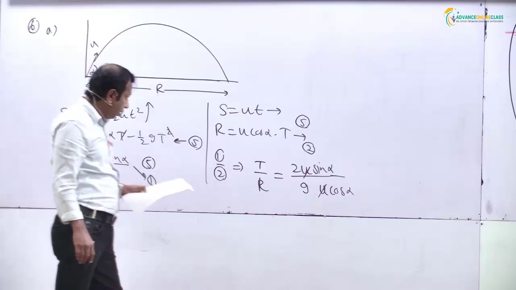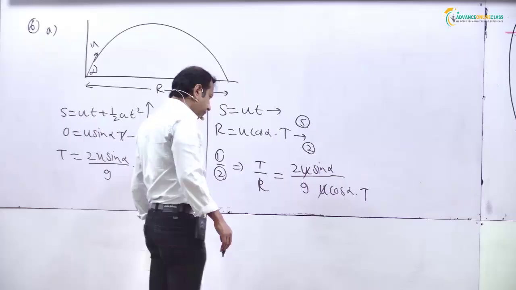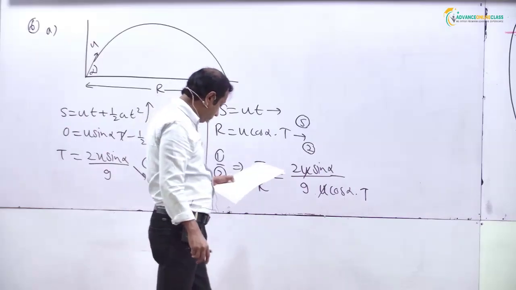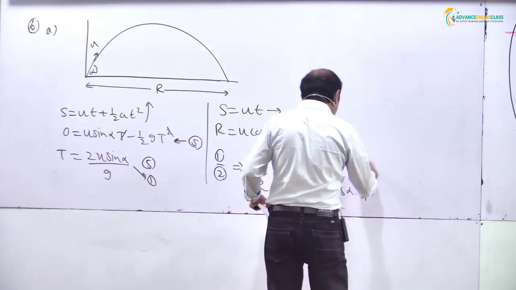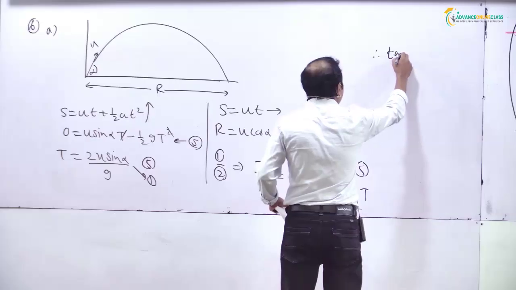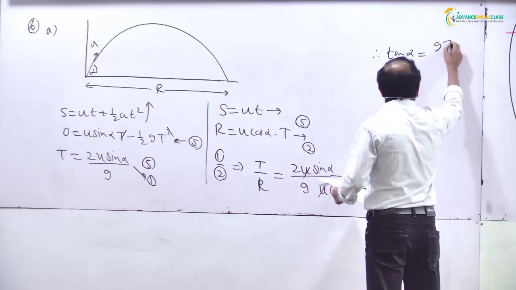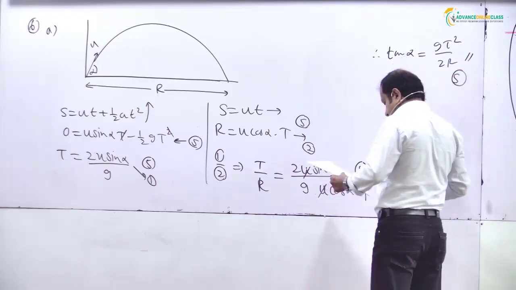Right. We get tan alpha equals g t squared divided by 2r, no? For this 5 marks. Therefore, tan alpha equals g t squared over 2r. For this other 5 marks.